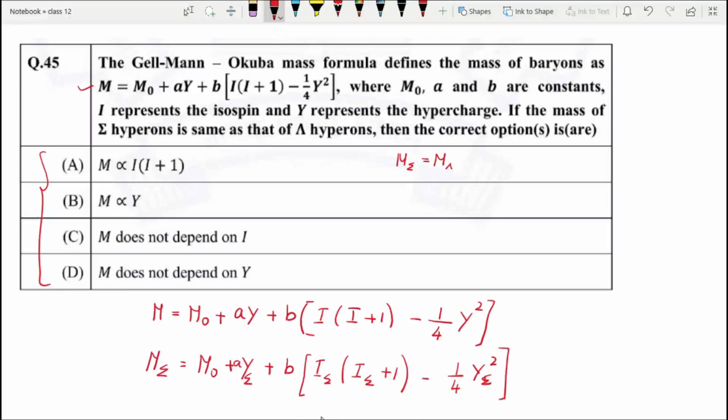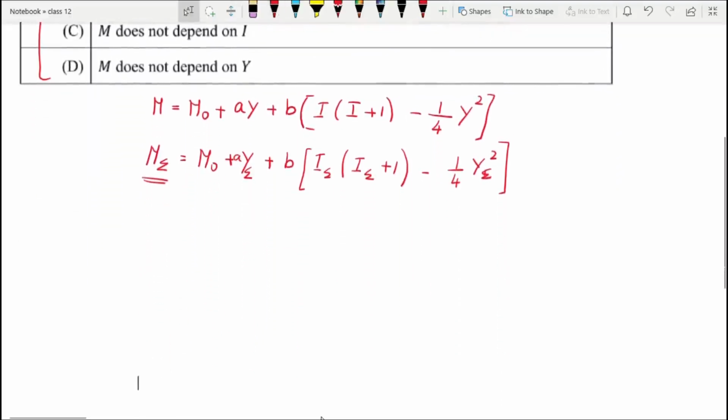For finding the mass of sigma we need to know the isospin and the hypercharge of sigma. So first we will find that. Hypercharge is equal to the baryon number of sigma plus the strangeness of sigma. That is 1 plus (−1). You have to memorize the baryon number and the strangeness of sigma. So you will get 0. And the isospin of sigma is equal to 1.